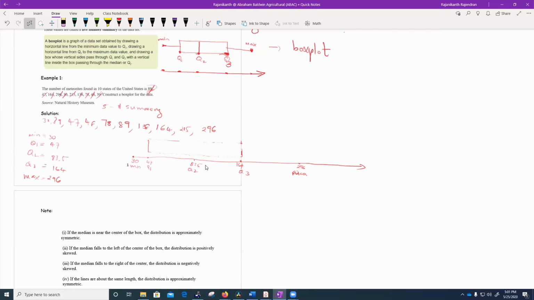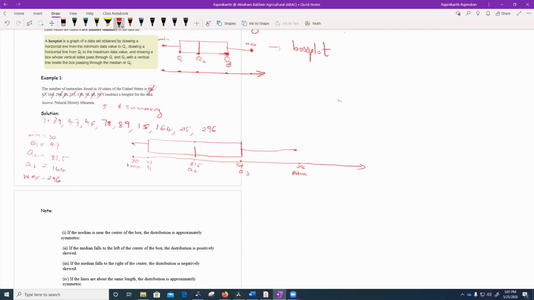Then this is my minimum point, mark somewhere here. This is my maximum point, mark somewhere here, and take the ruler and join these points with the box. The middle line is going to be my Q2, the median.